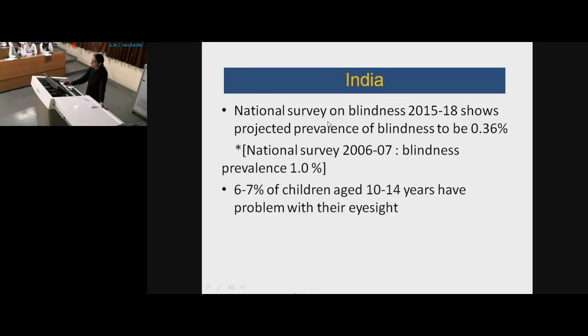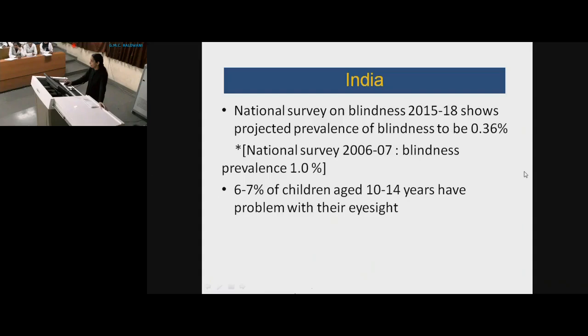Nationally, the survey conducted in 2015 to 18 shows projected prevalence of blindness to be 0.36%. And before this 15-18 survey, the previous survey conducted in 2006-07 showed prevalence was 1%.